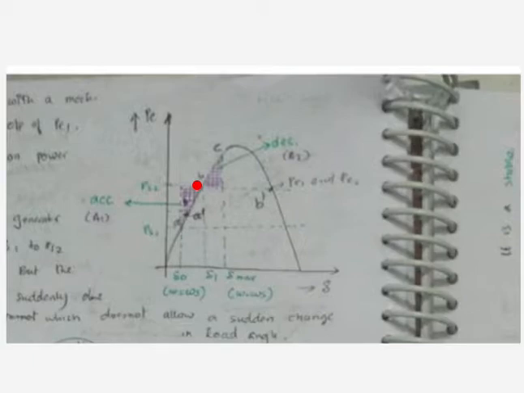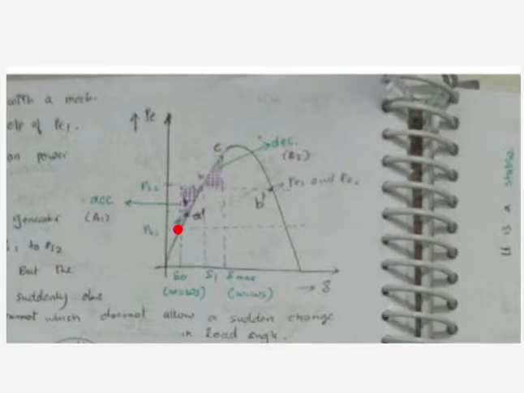This will cause an acceleration, but it won't stop over here. It will start swinging further, right? Even though the mechanical input suddenly changed and the electrical operating condition also shifts accordingly over here, it won't stop over here. It will keep swinging and it will go to a point where the omega becomes zero and it will start coming back.